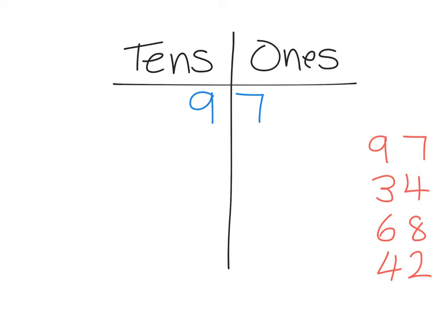I'm going to write the next numbers. 34 has 3 tens and 4 ones. 68 has 6 tens and 8 ones, and 42 has 4 tens and 2 ones.